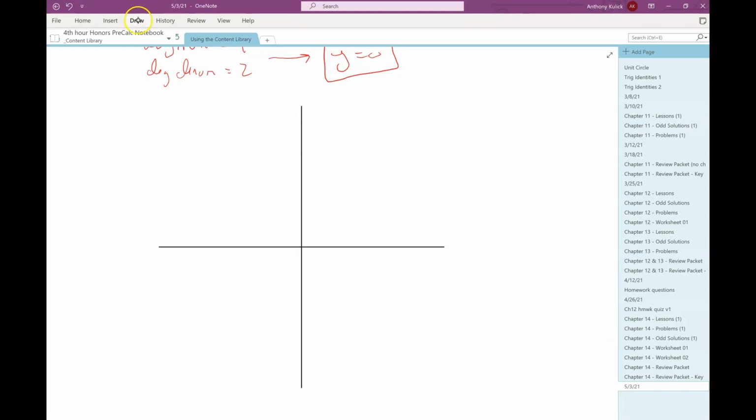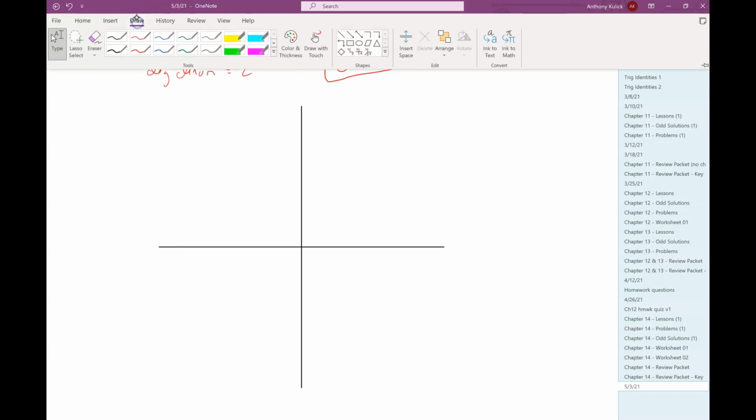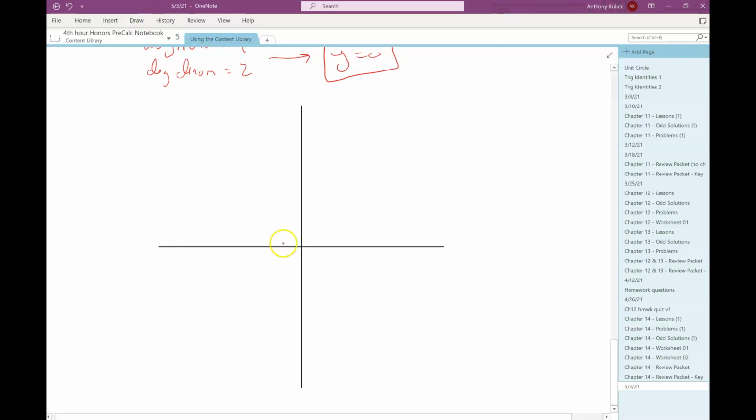So I have my xy axis. Negative 1, negative 2, negative 3, 1, 2, 3.